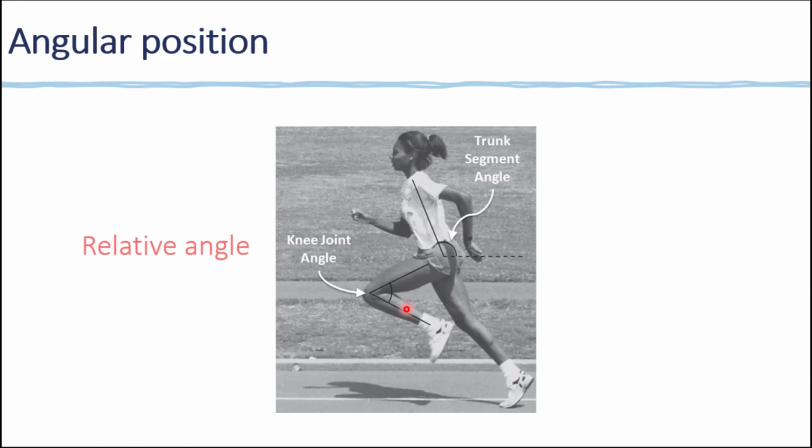That would be your relative angle because it's formed between your thigh and your leg, two lines that are moving, right? And what about this trunk angle here? That's an absolute angle because this angle is formed between your torso and this imaginary horizontal line that's fixed. So that's an absolute angle.